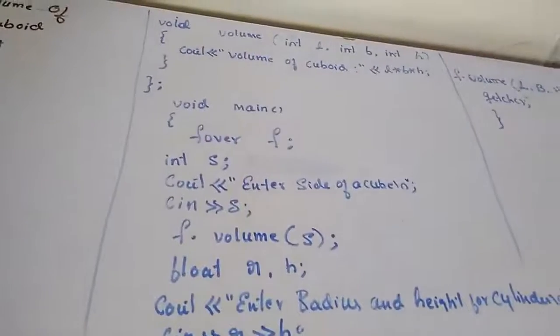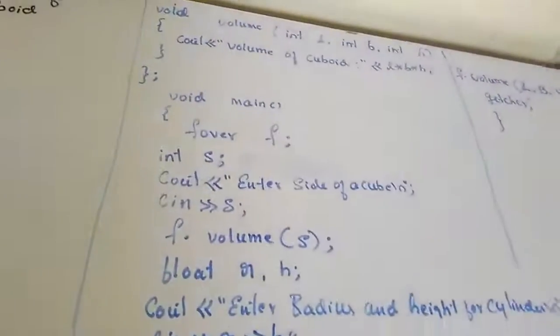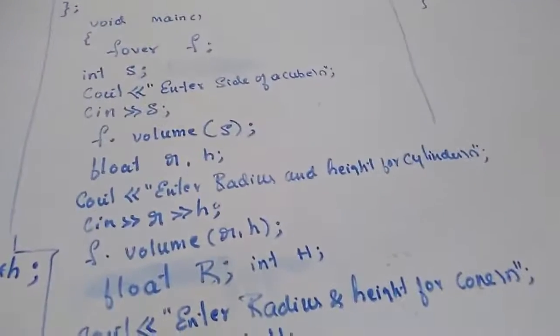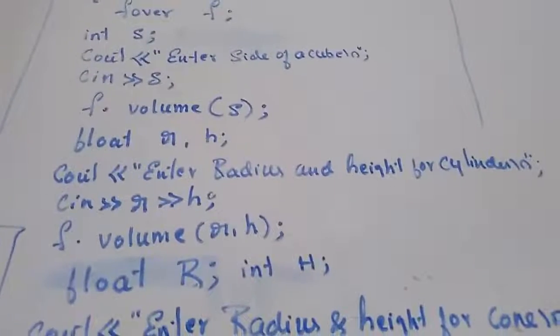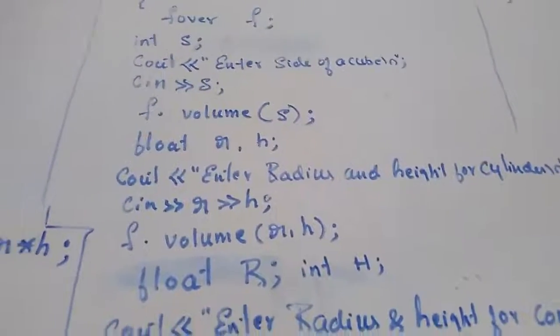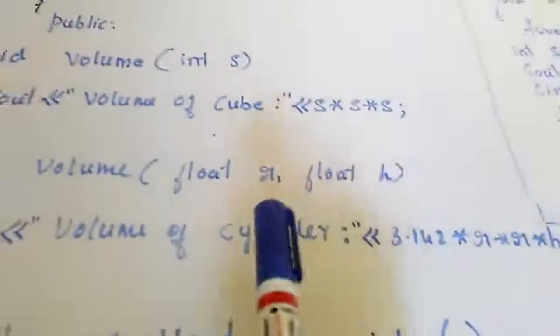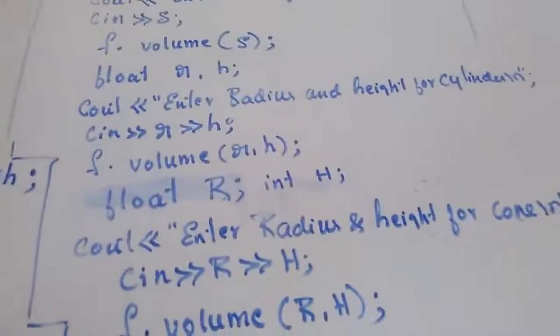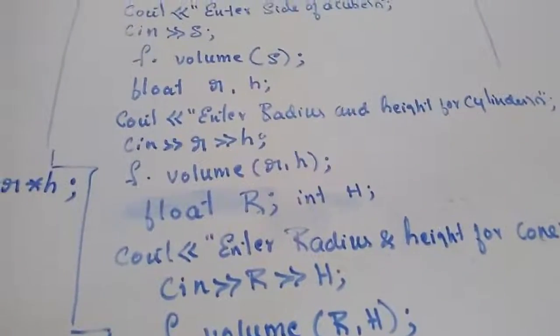Now I would call the next function, volume of cylinder. What are the requirements here? Enter radius and height for the cylinder, radius and height. And these two are which type? Floating type. See here, we have taken floating type, void volume, float R, float H. So we have to pass the same kind of data type values.